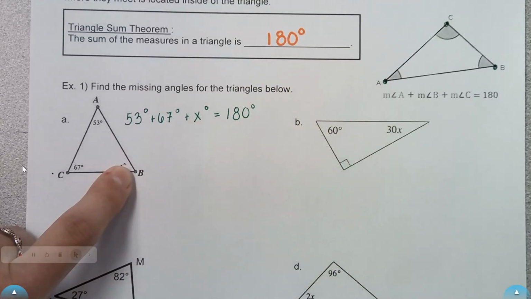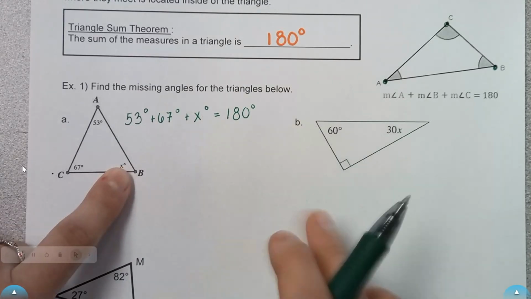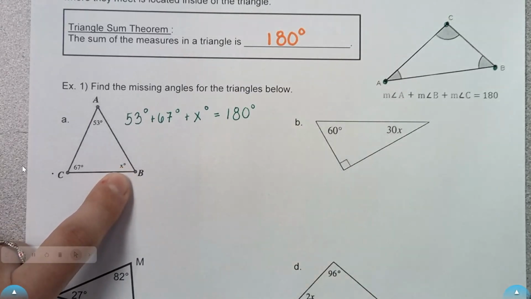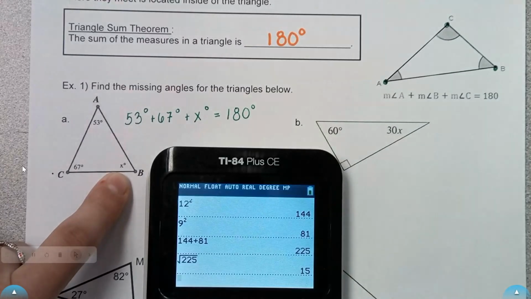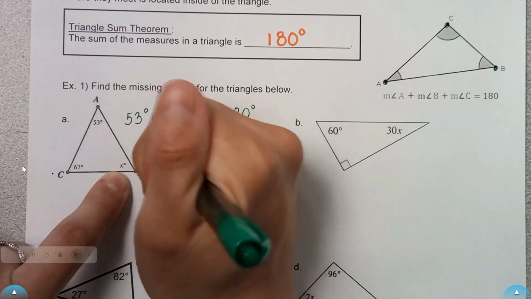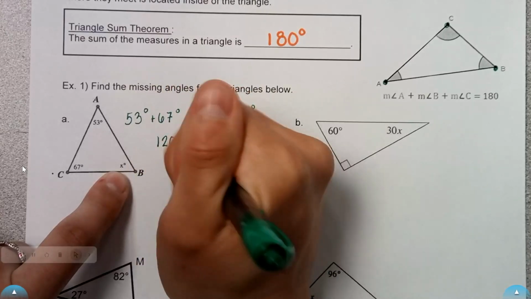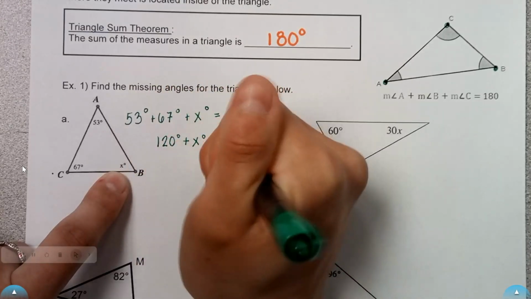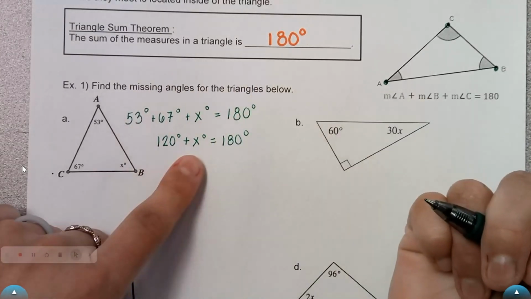Okay, so now I'm solving for x, I'm solving for the missing angle, that angle that I don't have. So I'm going to do 53 plus 67. Those are like terms and I want to combine them. So I get 120. Then I want the x by itself.